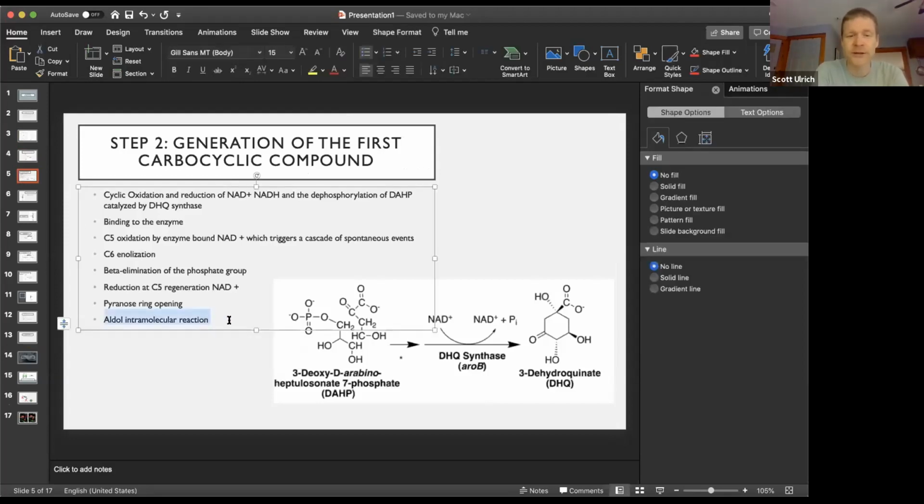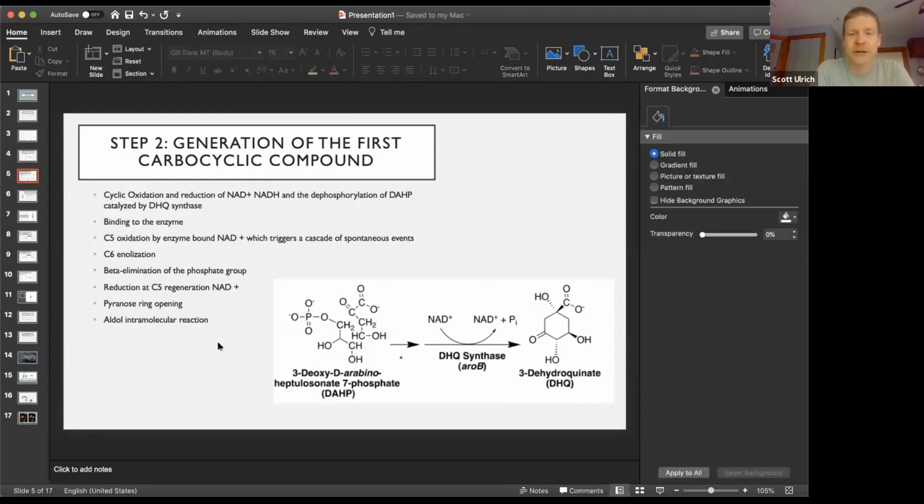It's probably a little hard to see, because these molecules are crowded with functional groups.